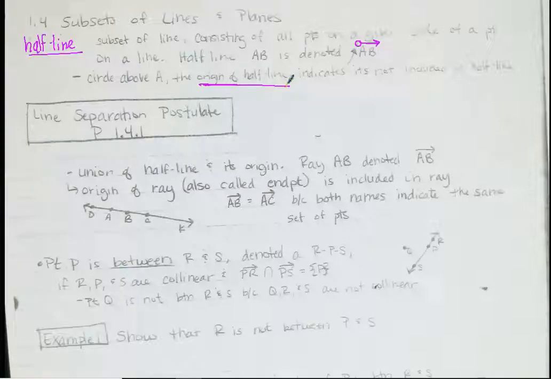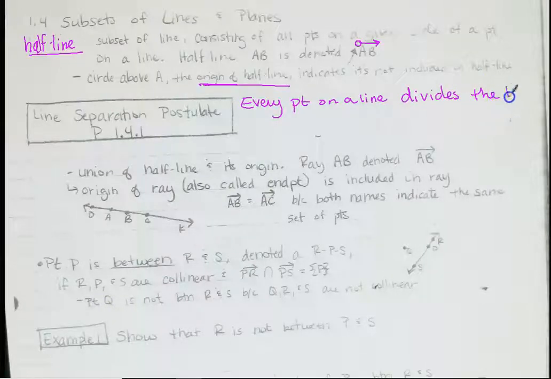Then we have the line separation postulate, P1.4.1. The line separation postulate says every point on a line divides the line into 3 disjoint sets.